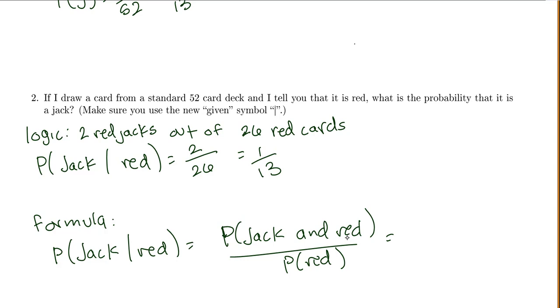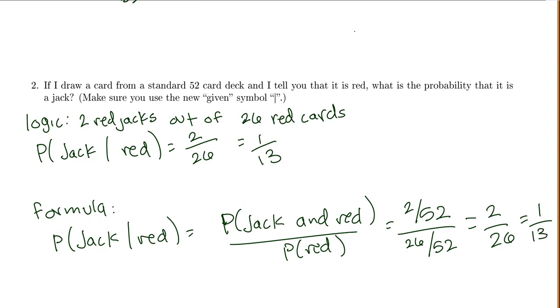Well, how many jack and red cards are there out of your entire deck? There are 2 that are jacks and red out of your entire deck of 52. And for the probability of red, there are 26 cards out of an entire deck of 52. Now you might notice here, we have over 52 and over 52, those cancel and we just get 2 out of 26. So when we use the logic, it was kind of just a shortcut, but we get to the same answer of 1 out of 13.